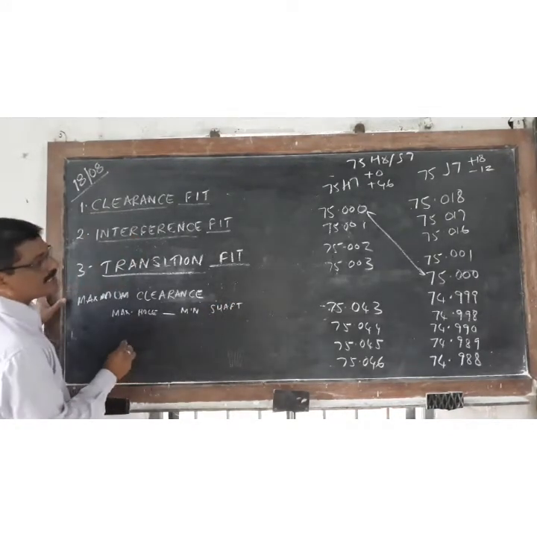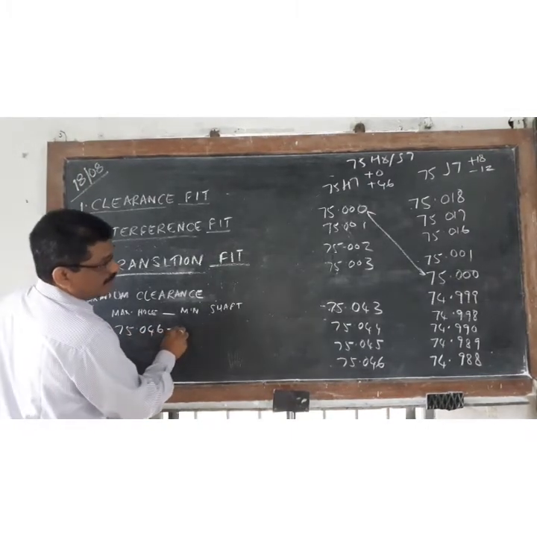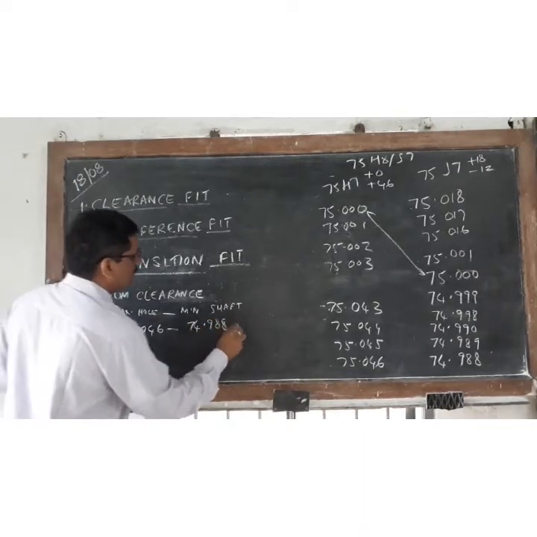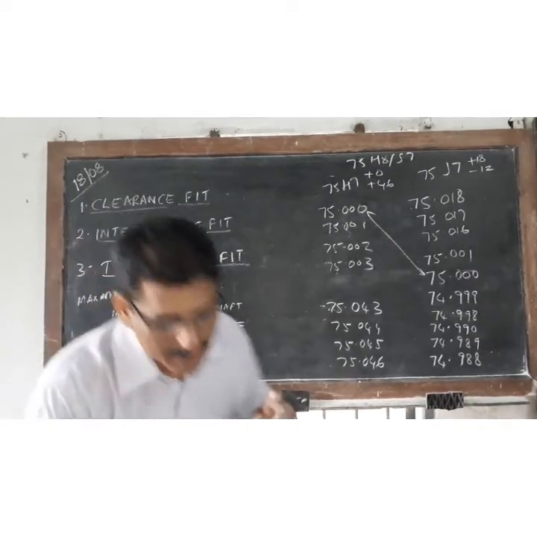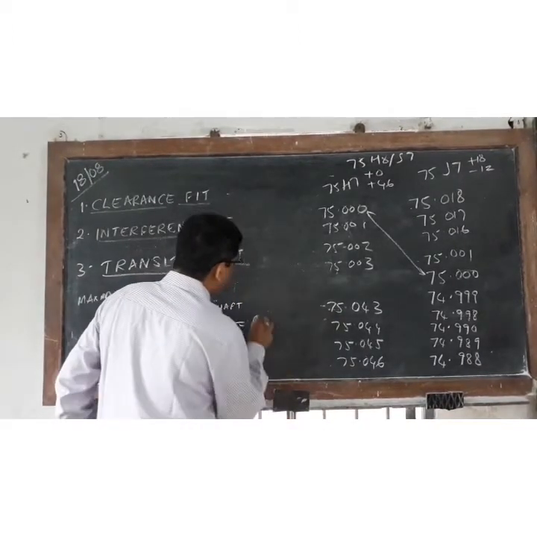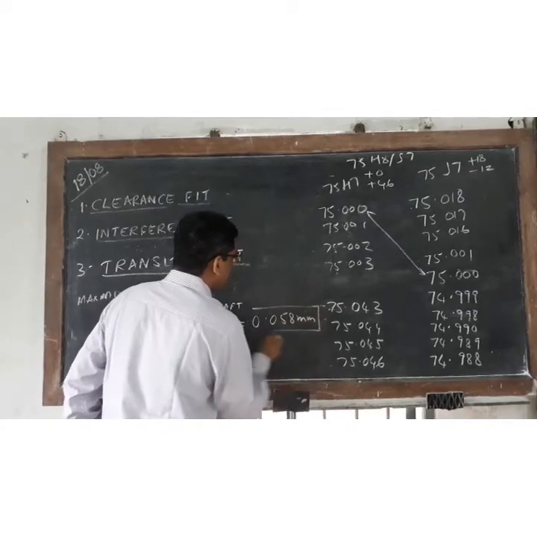So maximum hole is 75.046 minus minimum of shaft 74.988. So we will get 0.058 mm. Okay, this is the maximum clearance.